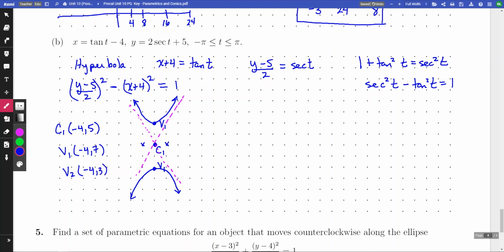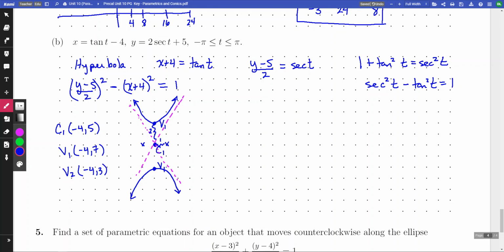+3. And then our asymptotes, for our asymptotes, we know that this distance to the vertex is 2. And the distance to the side is 1.